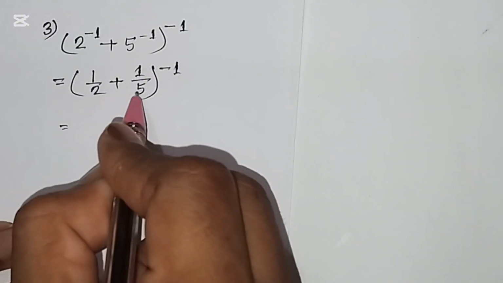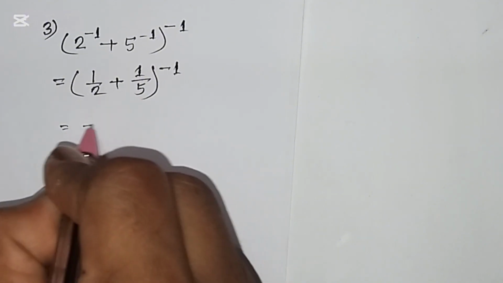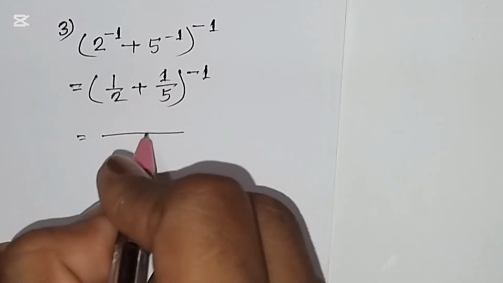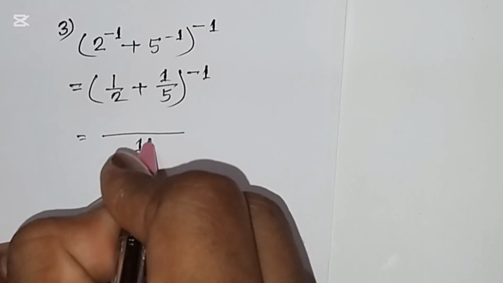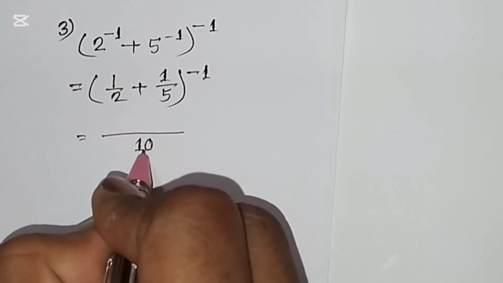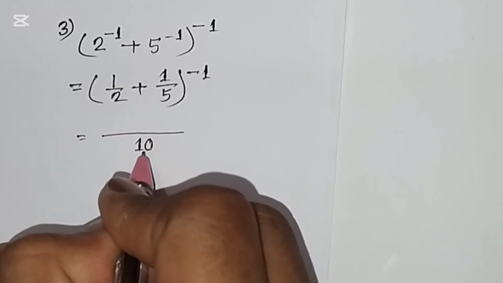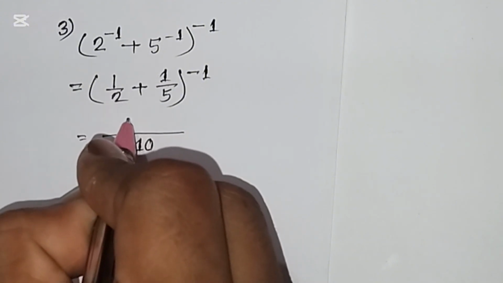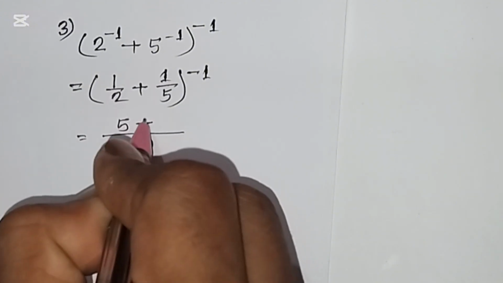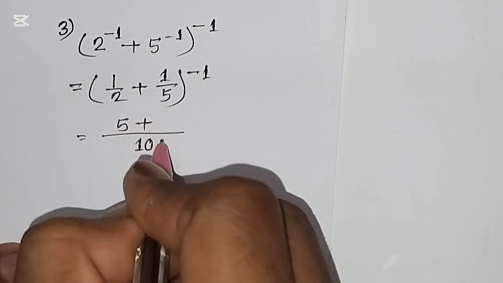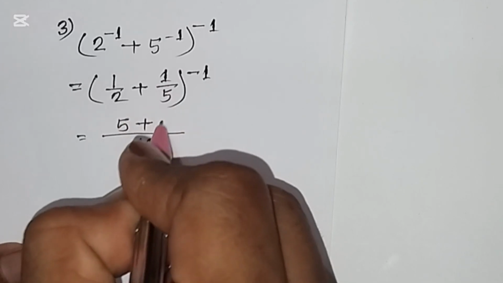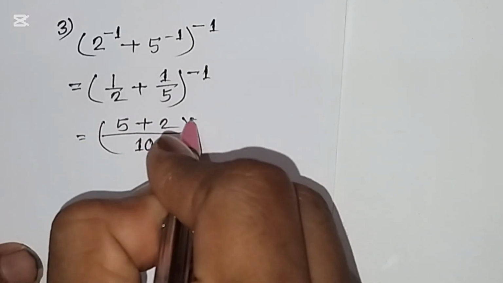Here we will apply addition rules. The LCM value of 2 and 5 is 10. 10 divided by 2 equals 5, 5 multiply 1 equals 5, plus 10 divided by 5 equals 2, 2 multiply 1 equals 2, whole inverse 1.